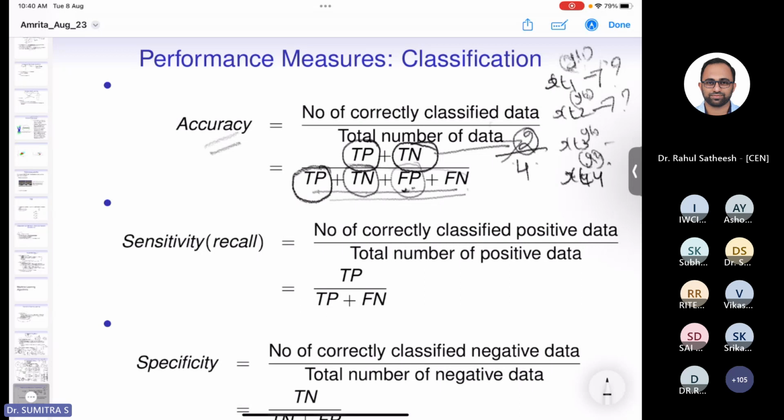So using these terminologies, we can represent accuracy as TP plus TN divided by true positive plus true negative plus false positive plus false negative. So that is accuracy.